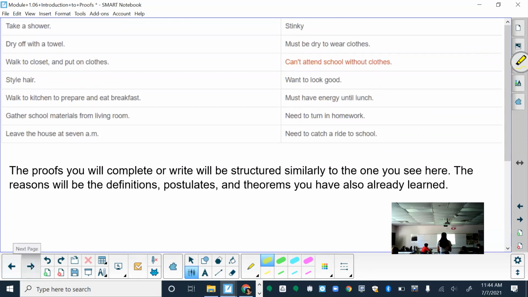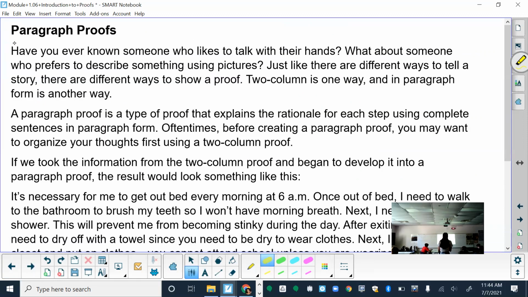All right, so next page. Then you have what are called paragraph proofs. You will have to start with a 2-column proof first for these. So paragraph proofs are like a story version, with complete sentences, what you did.